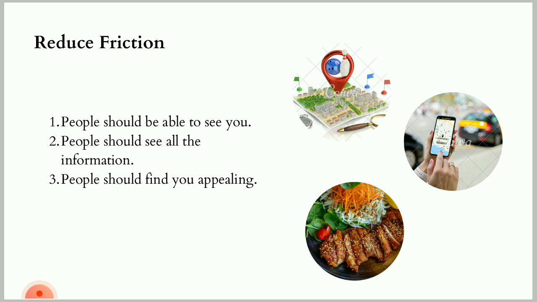Secondly, people should see all the information you have. There are some restaurants where I saw just a name, nothing else. There is no photograph, no price list, and nothing about their food. Yes, I can find the location from Google, but I still do not have any other information. Just for namesake, the name is there in Google.